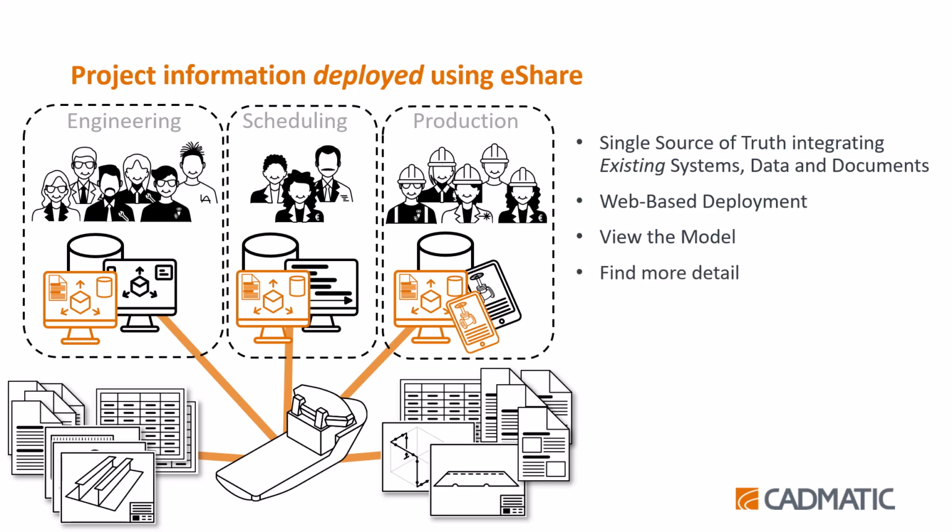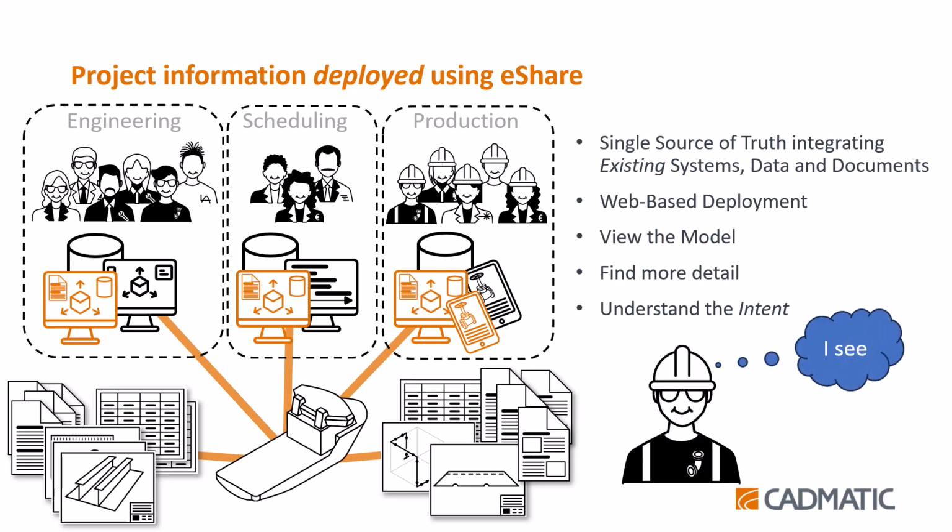You can see a picture of the 3D model and understand how things were intended to go together. So in this respect, we can understand the intent. And what that means is that if the manufacturing information doesn't give exactly the information you need to do the task, we can dig into more detail there. As we see here, the production engineer can now see what's going on, even though they don't have access to the original engineering data.